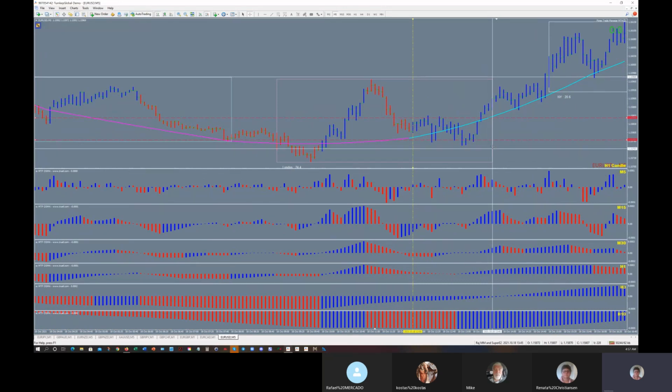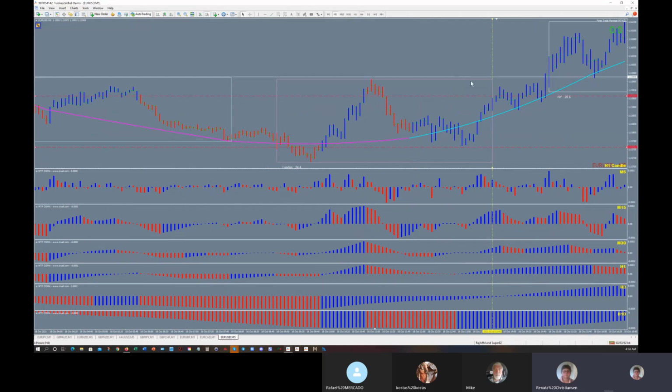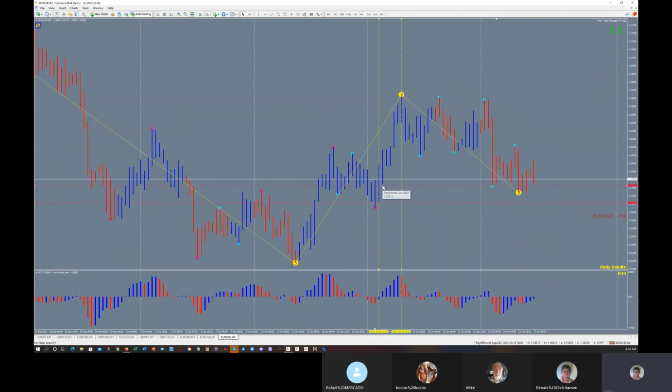Say somewhere here. 15 pip stop loss. I mean, you can obviously refine this on the 1 minute. Just staying on the 5. Back to the 4. Here's your entry. And there's your possible exit right there.